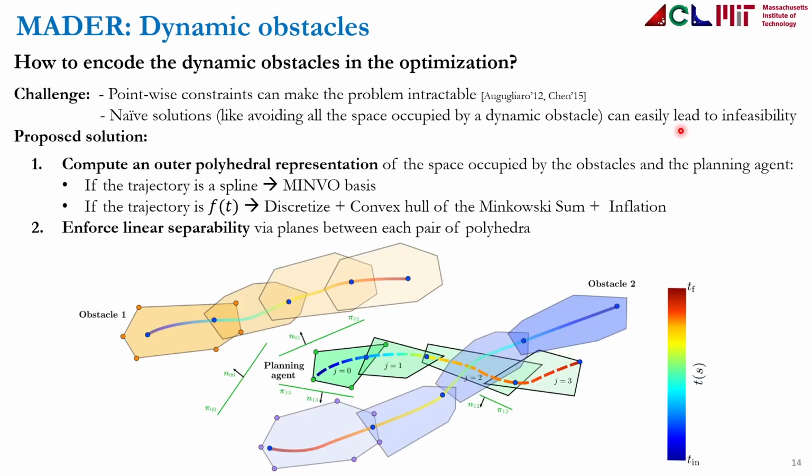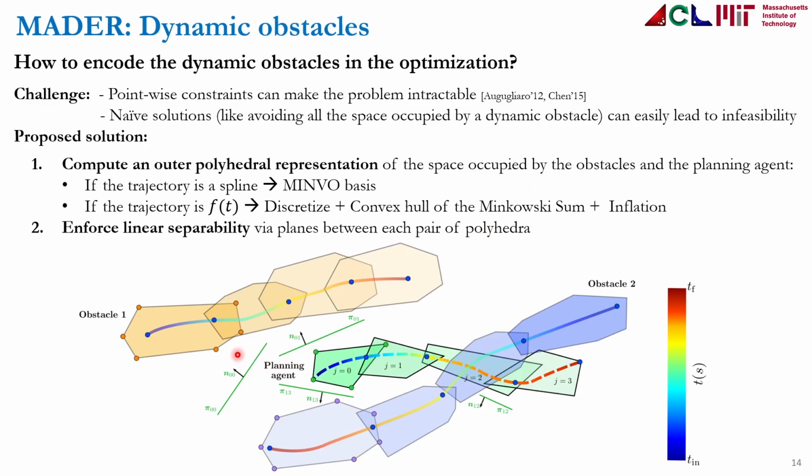So then the proposed solution is as follows. The idea is that we take the trajectory we are optimizing, which is this one, and the trajectories from the obstacles, and we compute an outer polyhedral representation of every interval of each one of these trajectories. To compute this outer polyhedral representation, if the trajectory is a spline, we can do this very easily by just using the MINVO basis, or more in general, if the trajectory is a function of time, we can always discretize it, compute the convex hull of the Minkowski sum, and then inflate it with the error induced by the discretization.